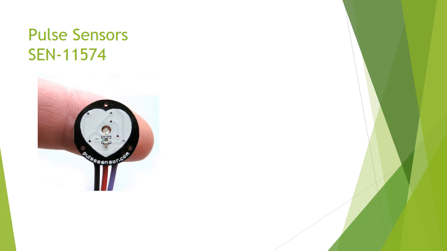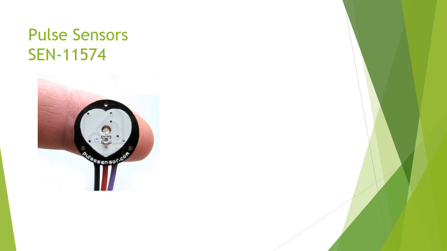That is one way of measuring something in your body. For an example, if I want to measure your heartbeat, that can be measured by using infrared rays, as a transmission type pulse sensor.